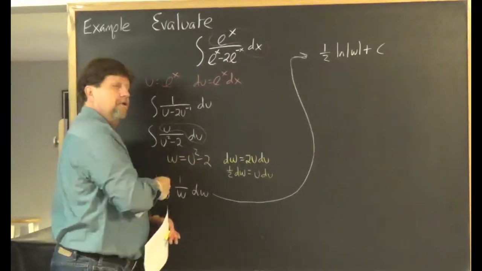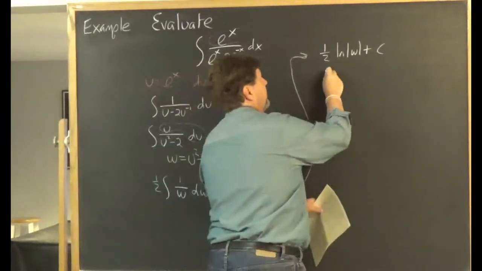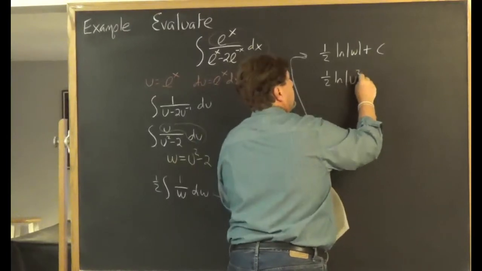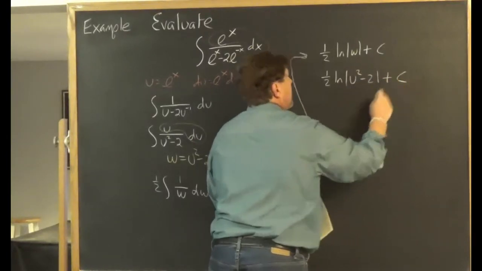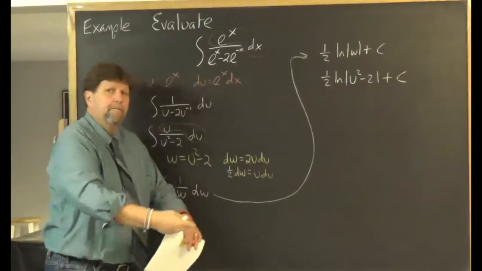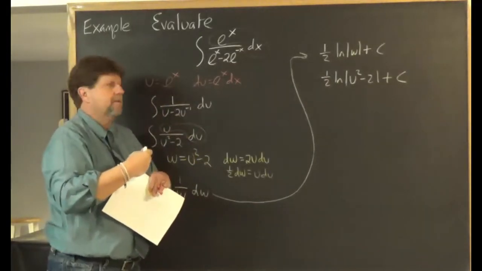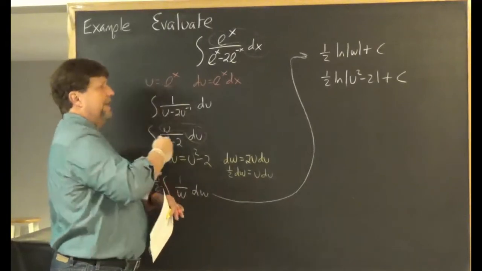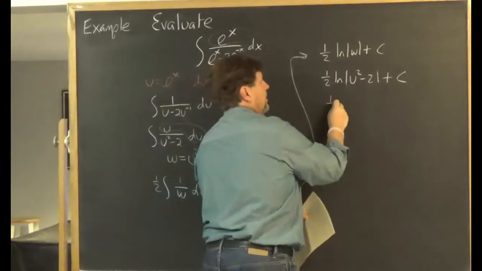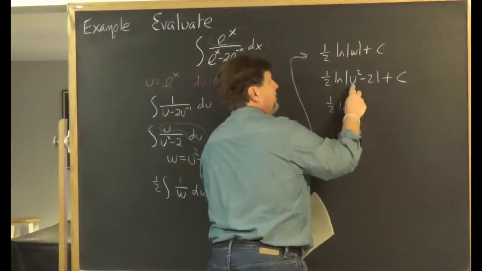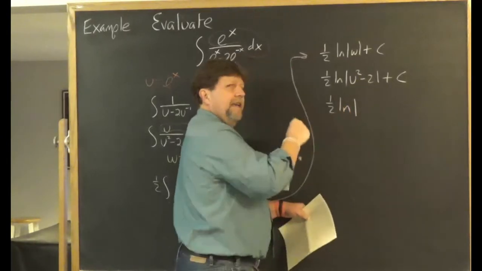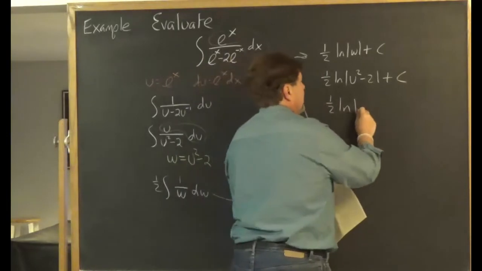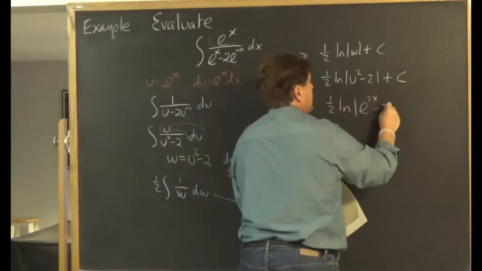Well, w is u squared minus 2. Next I have to back substitute for the u, and u is e to the x. So I put e to the x in for u, I'd have e to the x squared, so I multiply those exponents to get e to the 2x.